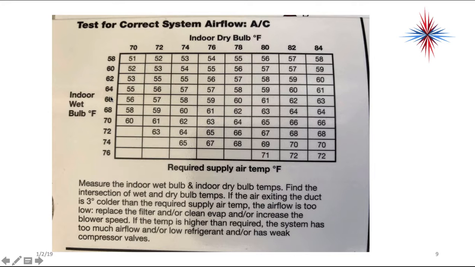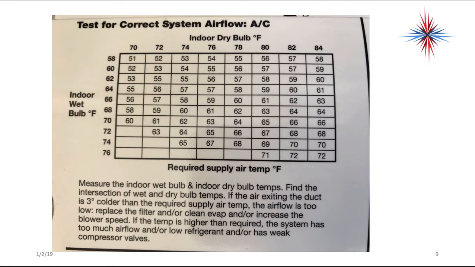In other words, if I have an air conditioning system where my return air is 76 degrees, we use the 76 column, this is dry bulb, and if I measure a wet bulb of 68 degrees, that means my supply air should be 61 degrees. So that's exactly a 15-degree temperature split.